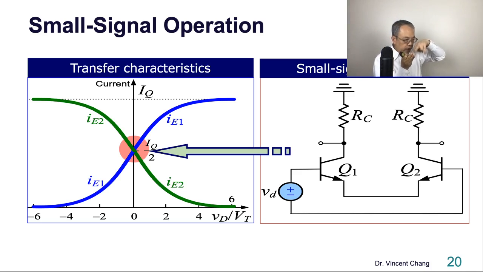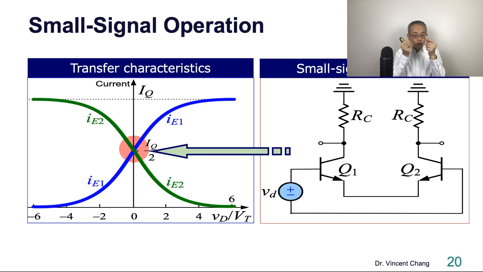Imagine we have a small signal. If VD is now the small signal input, you put the small signal on the horizontal axis. How will the blue one respond? It goes up, down, up, down. How about the green one? Because the slope is negative, it's going to go down, up, down, up.